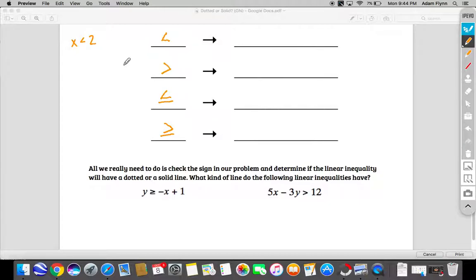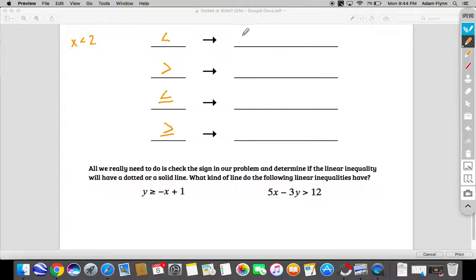What I mean by included or excluded, since I have x is less than 2, x can't be 2. Because if I were to plug in a 2 for x, I would have 2 is less than 2, which makes no sense. Okay? So that means our solution, or 2, is excluded.